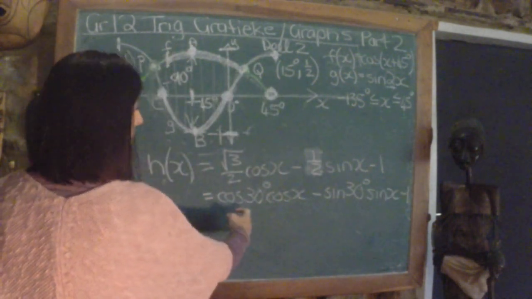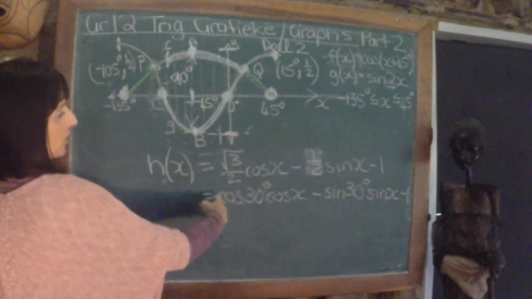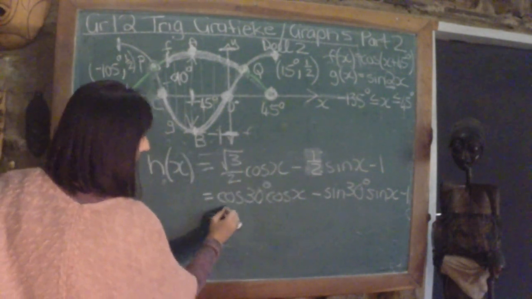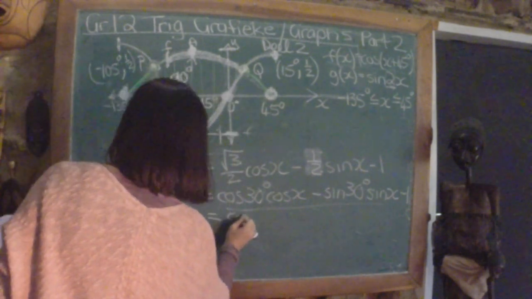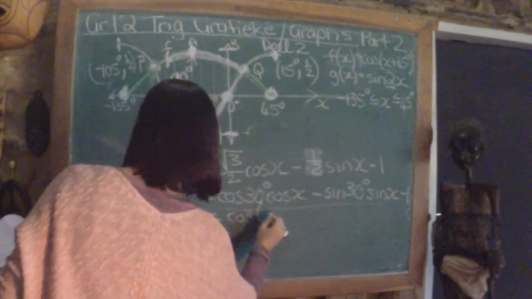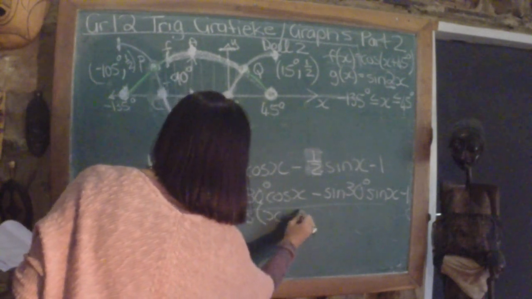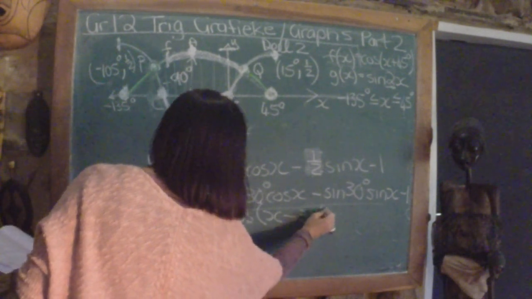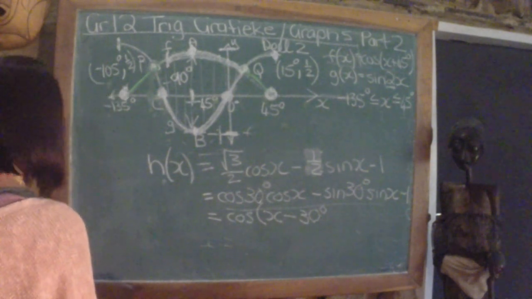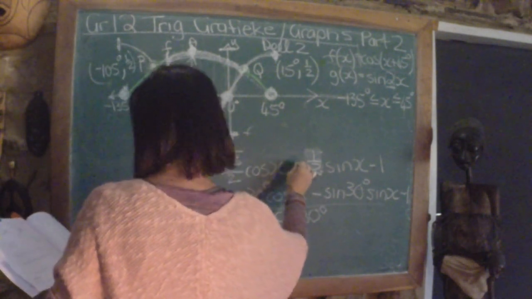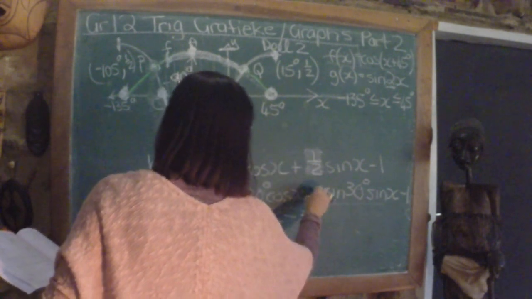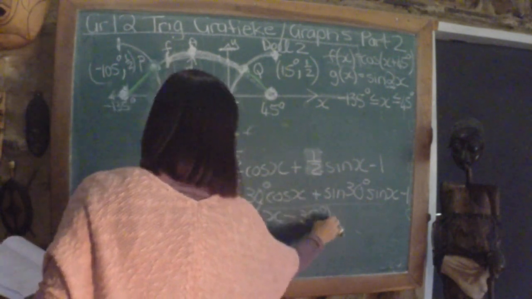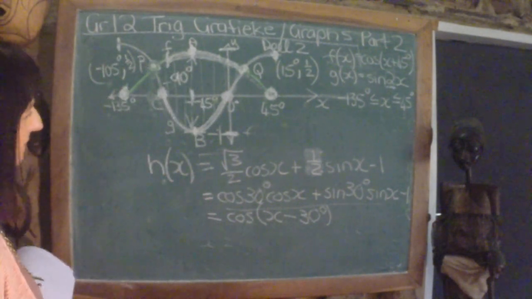So as ek hierdie gaan verander met spesiale hoeke, dan herken ek onmiddellik daar my dubbelhoekformule van cos x minus 30 grade. That must be a plus, sorry, written it down incorrectly, must be a plus that one, so that's going to be x minus 30 degrees.